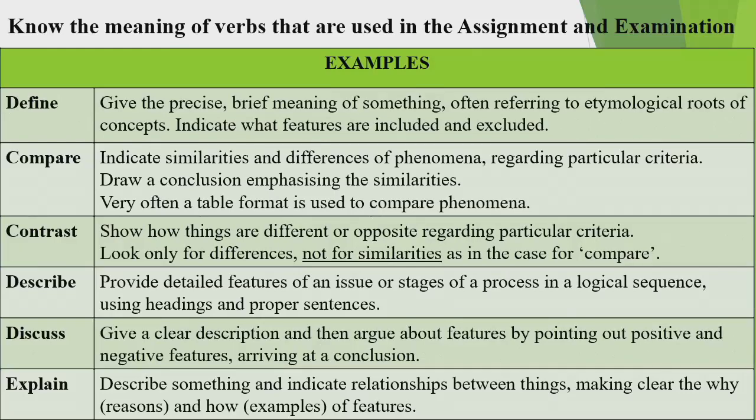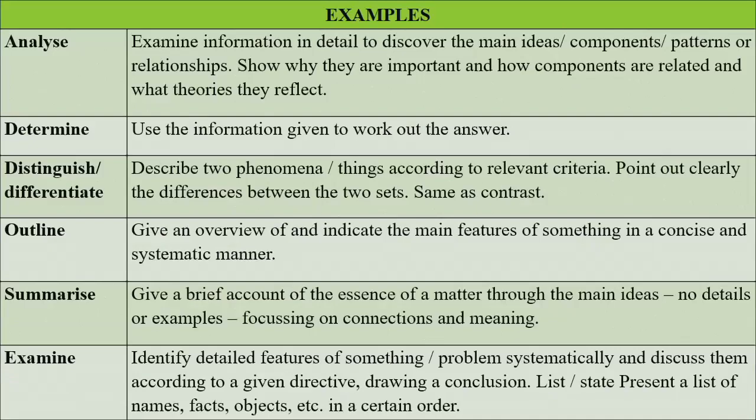You should also be able to explain. What do we mean by explaining? You describe something and indicate relationships between things, making clear the reasons as well as the examples. For you to excel in your assignment as well as in your examination, you should be able to analyze.